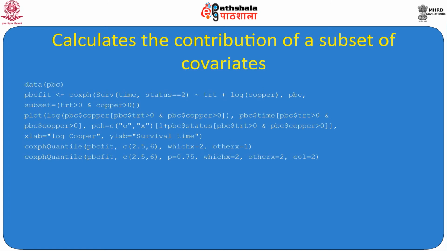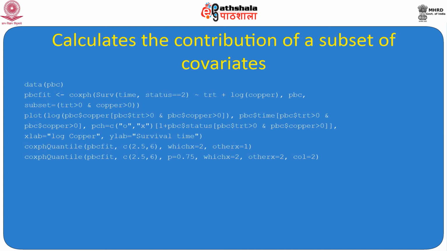Now we are trying to plot these measurements. We are plotting log of pbc copper for those having treatment greater than 0 and copper also greater than 0, and on the other axis we are putting pbc time. The same condition is given here: pbc treatment greater than 0 and copper greater than 0.